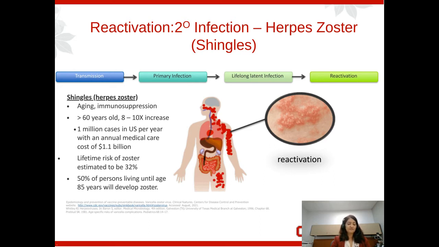The lifelong risk of getting zoster is estimated to be 32%, and 50% of the people living until the age of 85 will likely develop zoster, especially if they're not vaccinated. So I just wanted to reiterate that it's not only associated with the aging population.